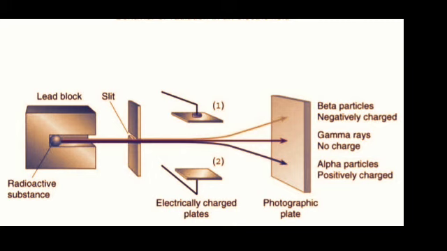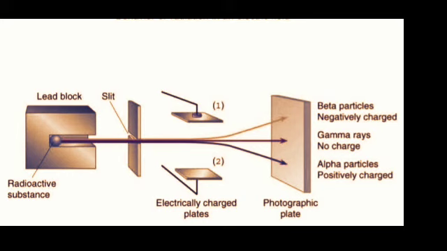Rutherford and Villard studied the radiations emitted by radioactive substances. For this purpose, the rays were allowed to pass through an electrical field and a photographic plate was held in their path. It was found that the radiations were divided into three types.